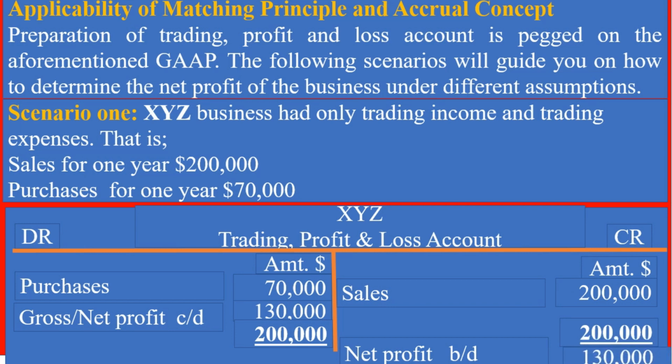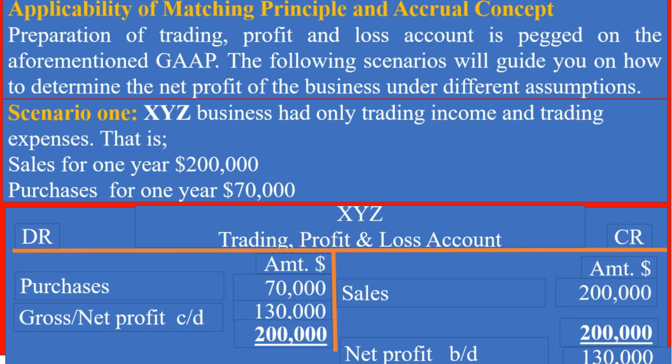Now, why are we having a difference in the recording, where on the debit side we are talking about gross profit, and on the credit side, as we post the same amount as balance brought down, we refer to it as net profit? This is because we have only two aspects, that is income of trading nature and expense of trading nature, and no more transactions; there is no operating expense and no operating income to consider.